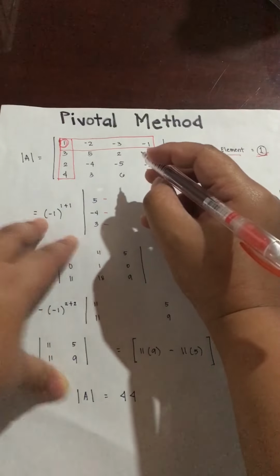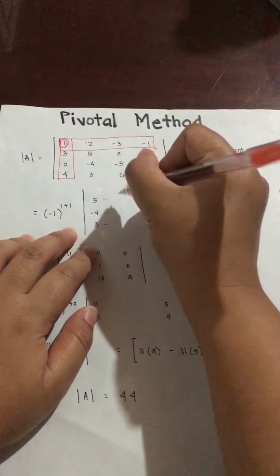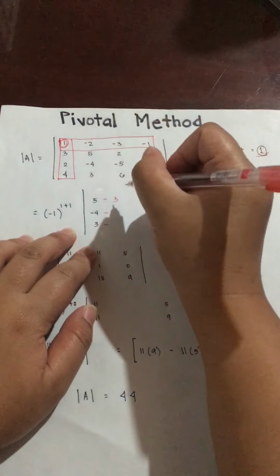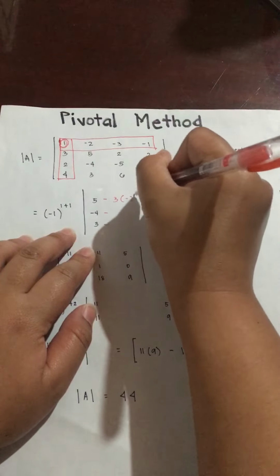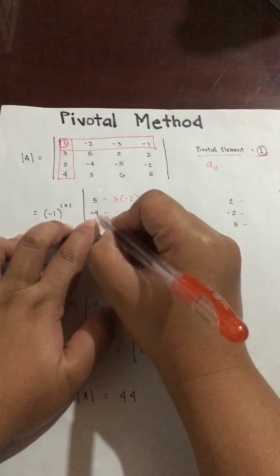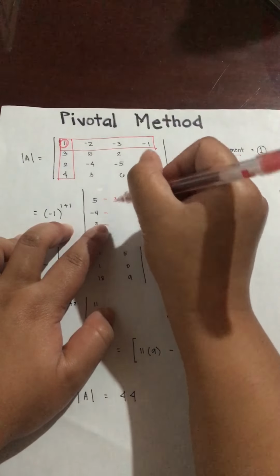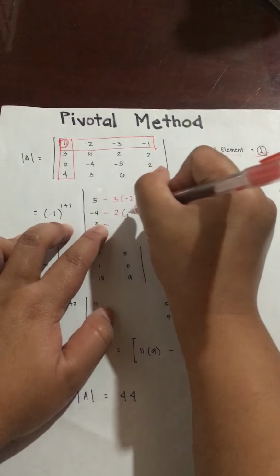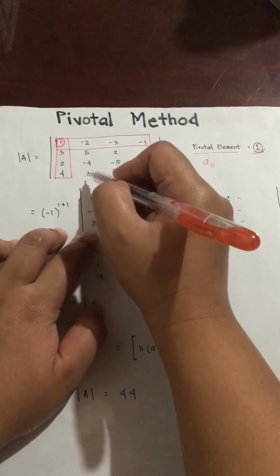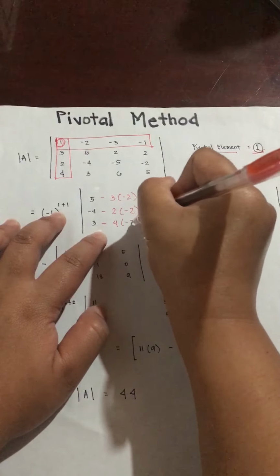So, ang mangyayari, 5 minus 3 here, the column, times negative 2 here. Nag-i-intersect sa 5. Next is yung nag-i-intersect sa negative 4, which is 2 and negative 2. So, minus 2 times negative 2. Next, yung nag-i-intersect sa ating 3, which is yung 4 and negative 2. 4 times negative 2.